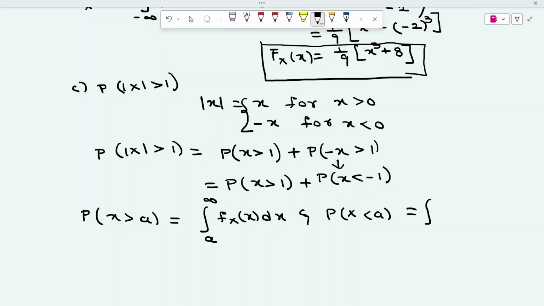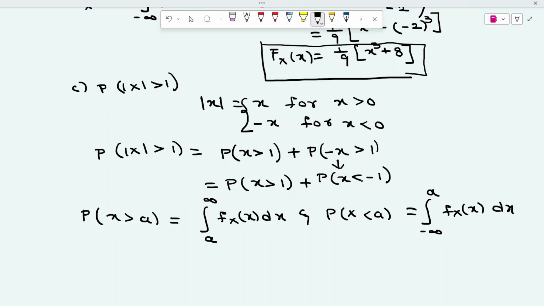So in this case, for probability of x greater than a, the lower limit is a and the upper limit is infinity, whereas probability of x less than a means we have to evaluate the integral only up to a, so the lower limit will be minus infinity, fx of x dx.